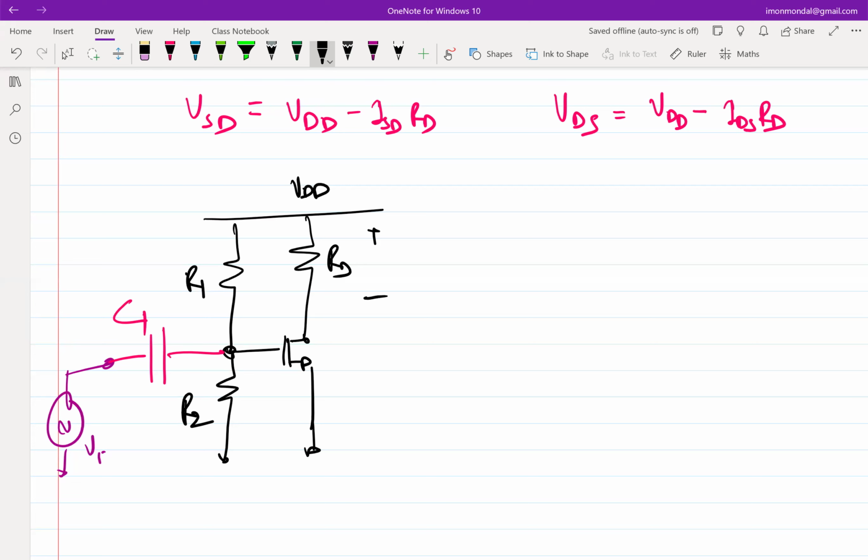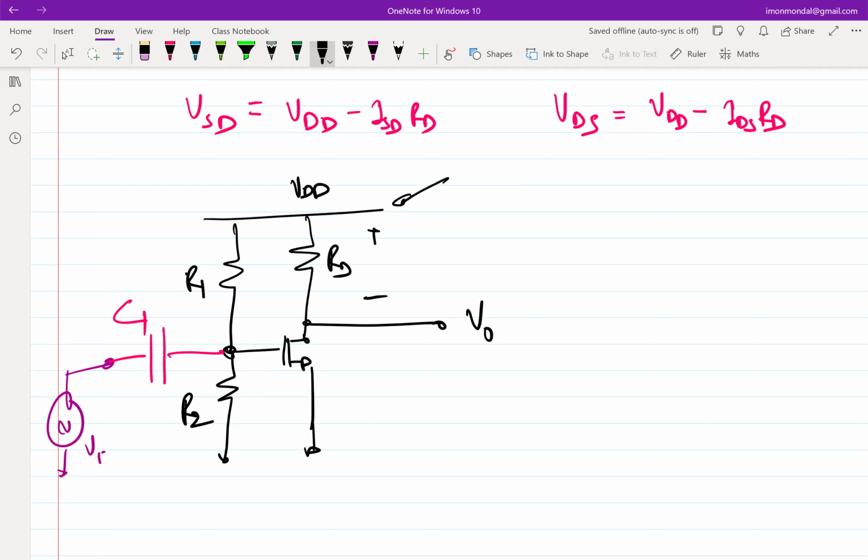Because incrementally this voltage is not changing, it is okay to take only the drain voltage as an output. Okay, that is all good.